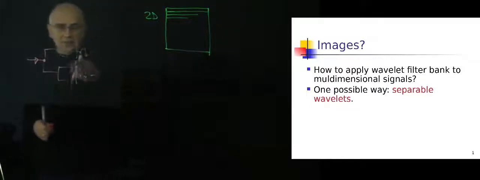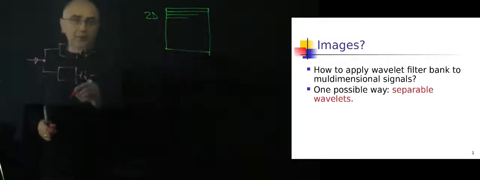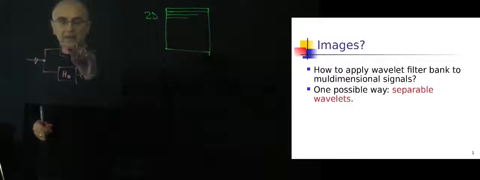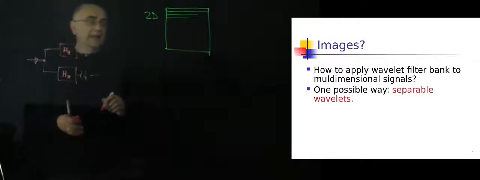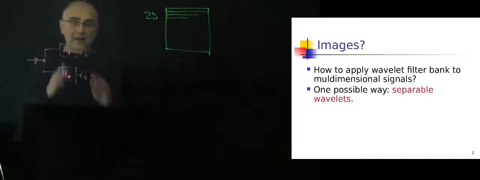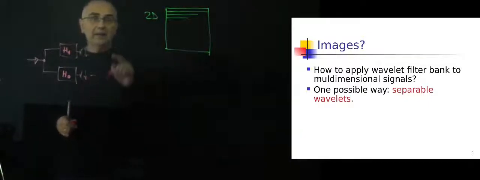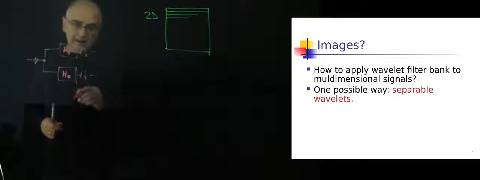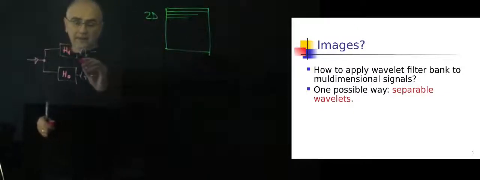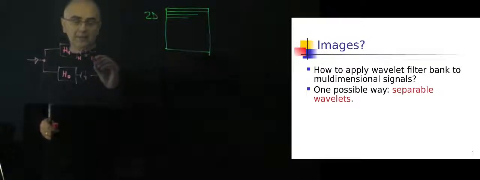I'm gonna put some description right here: H0 is the low pass filter and H1 is a high pass filter. And to distinguish between the rows and the columns, I'm gonna add an additional sign. So we apply it horizontally. So filters as well as the decimators are applied horizontally.